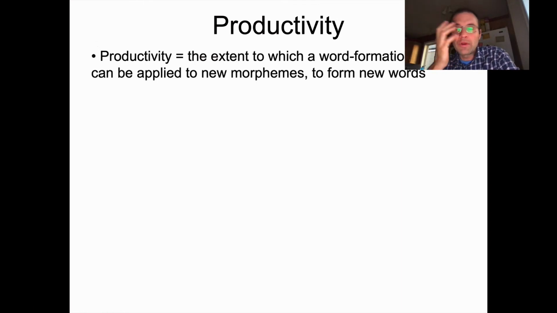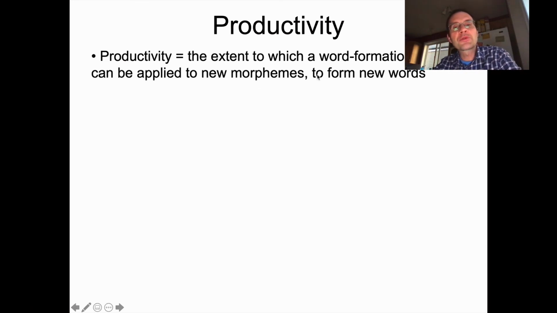Okay, so with that in mind, I'll mention that there is a concept that people talk about in morphology, which is called productivity. That's the extent to which a word formation rule can be applied to new morphemes to form new words. So we've seen how you can be creative or productive in language by creating new words in general, or uttering new sentences or understanding new sentences which you've never heard before.